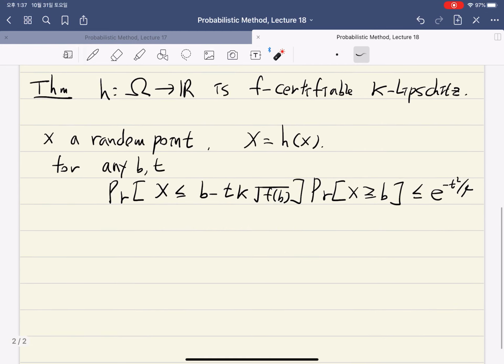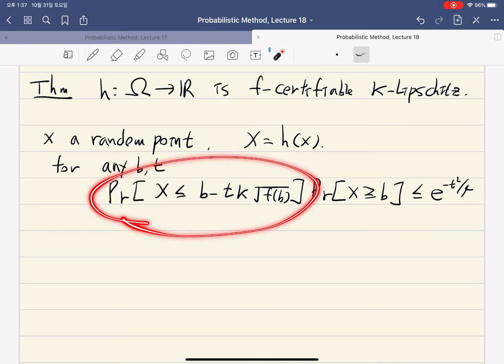How we are planning to use it is that we will choose b so that one of those two is close to some constant. If b is a median, then we know that this is roughly half, or actually bigger than or equal to half. Then you just divide this to here, and you can show that this is actually small.